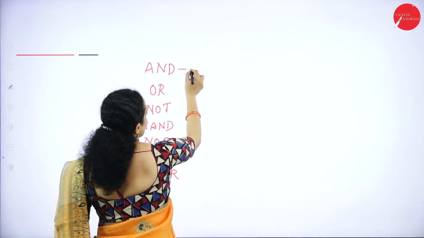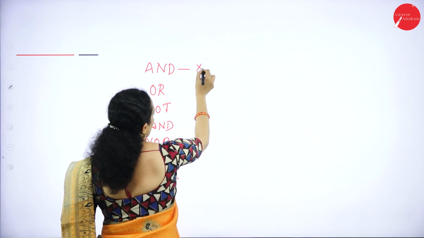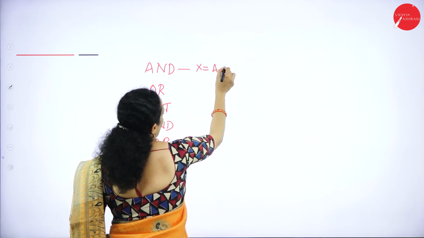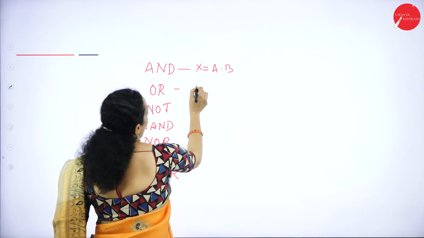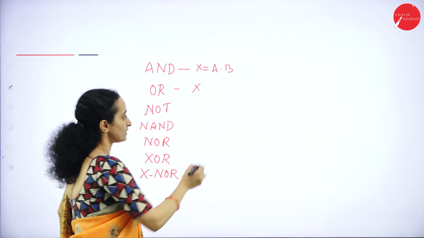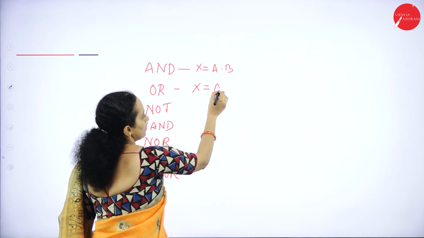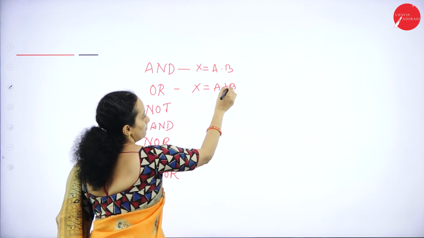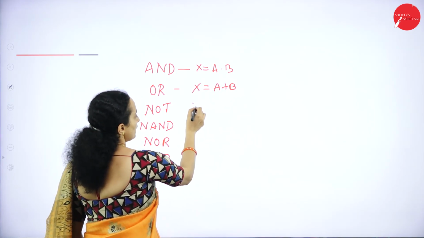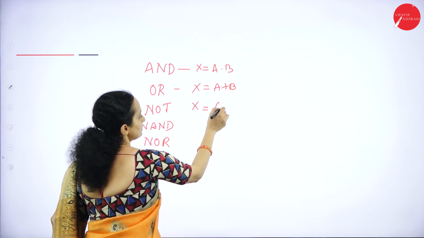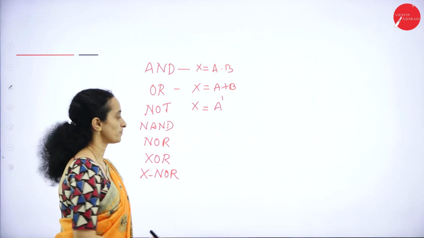So AND can be represented like this, X equals A into B, or OR can be represented like this, X equals A plus B. NOT gate can be represented like this, A dash.